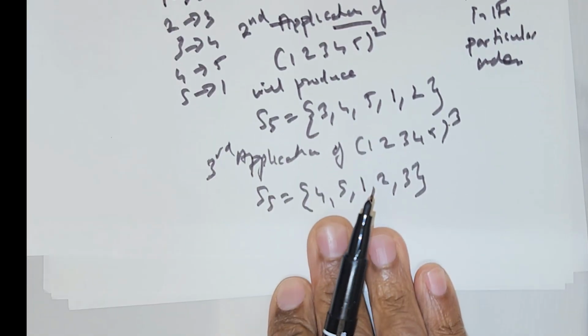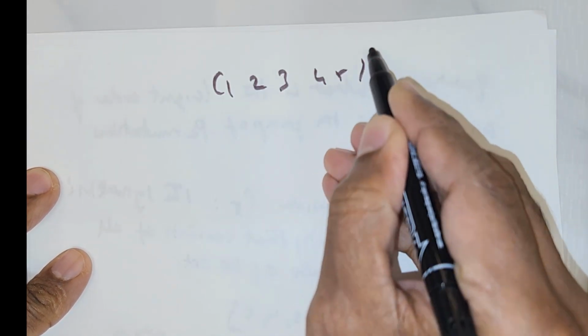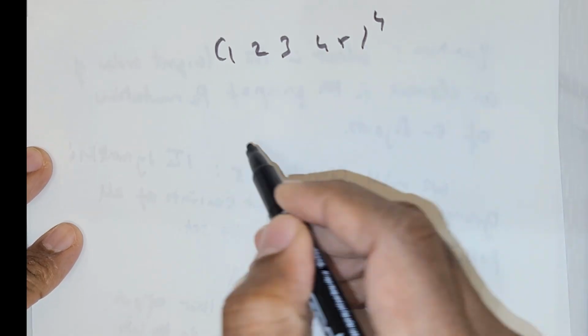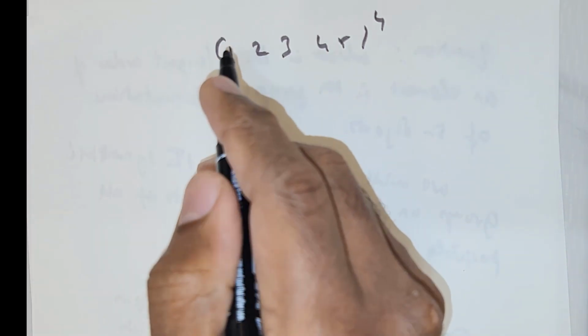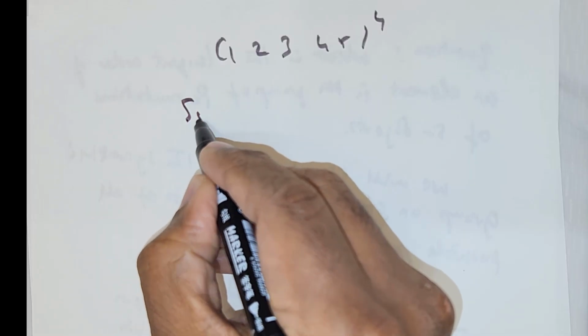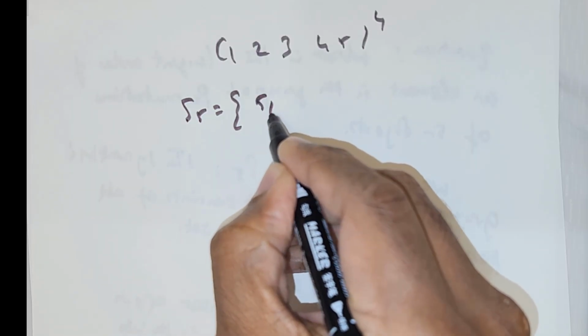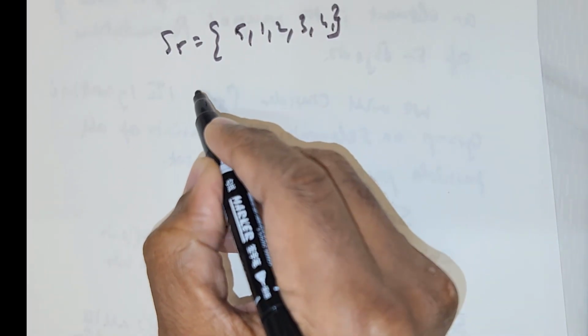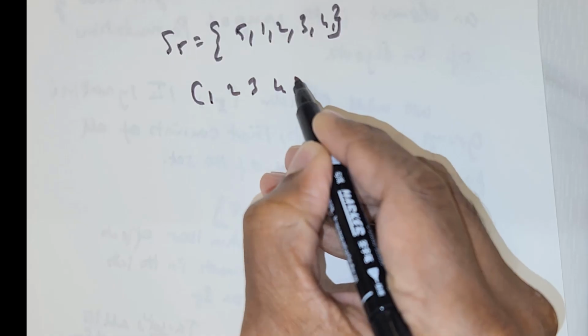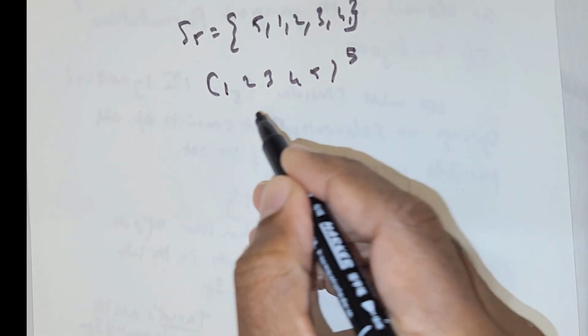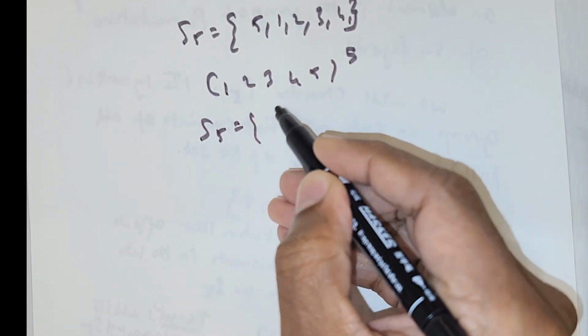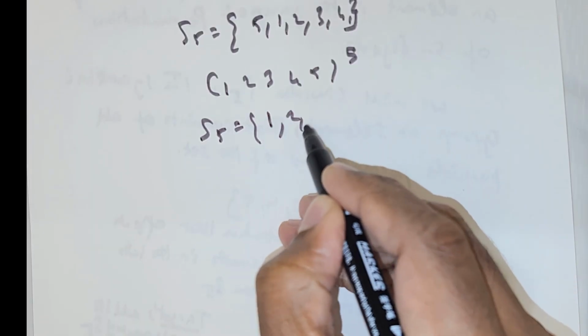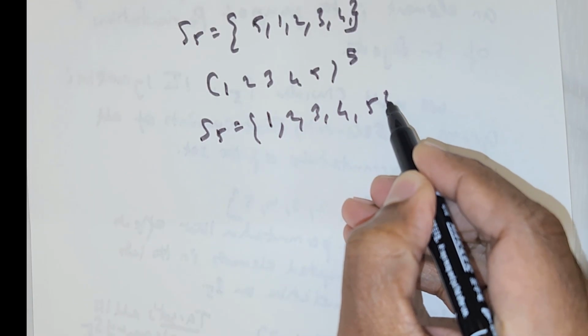So moving on, I need to show you what happens when (1, 2, 3, 4, 5) is executed for the fourth time. When this happens, my new S5 is going to be 5, 1, 2, 3, 4. Now for the fifth time, my new S5 is going to be 1, 2, 3, 4 and 5.